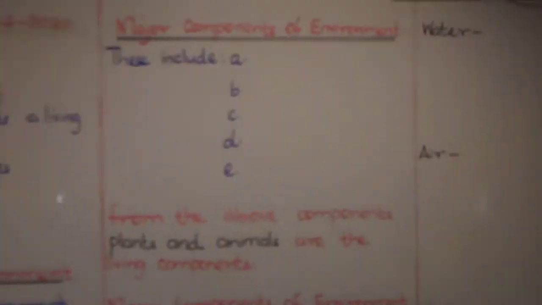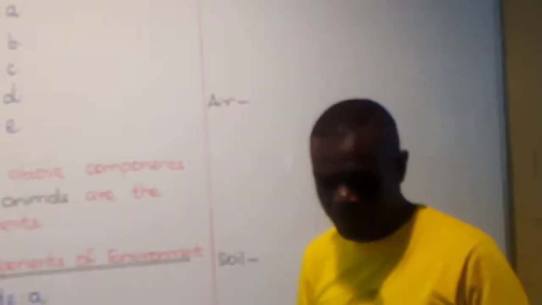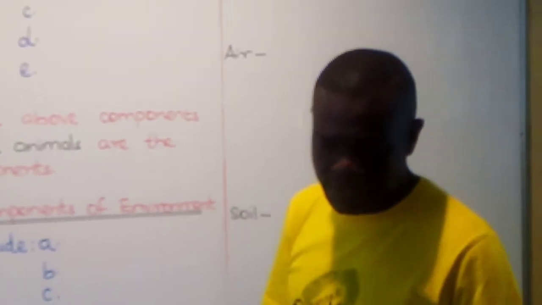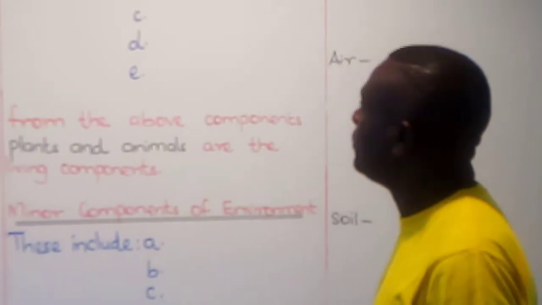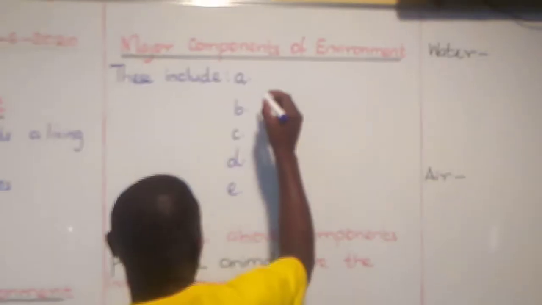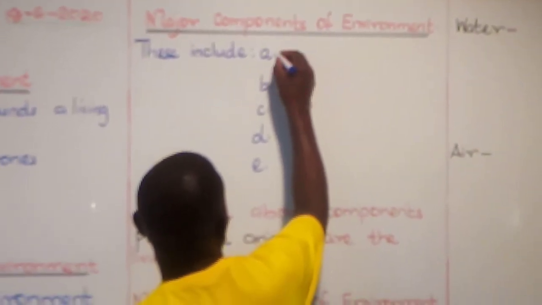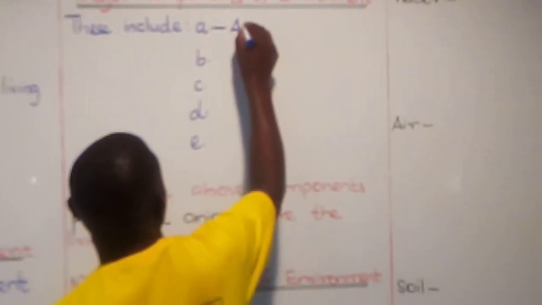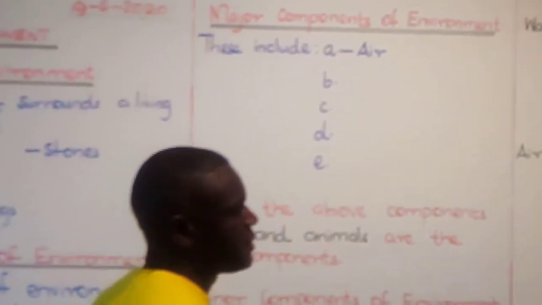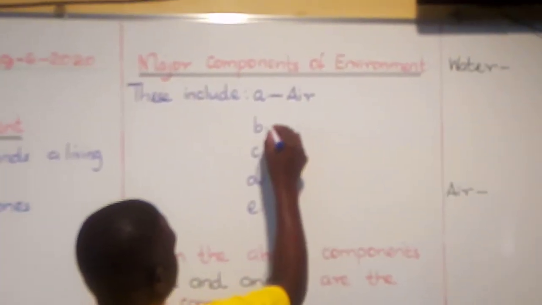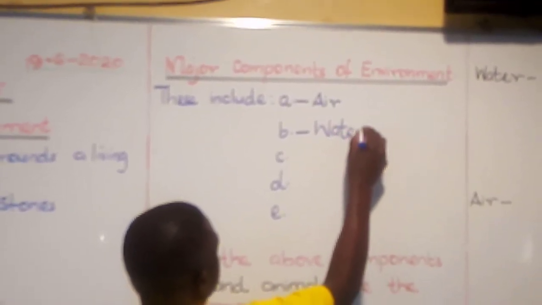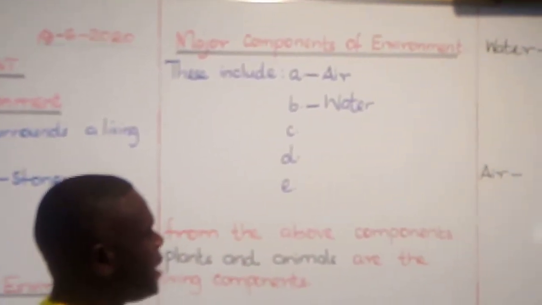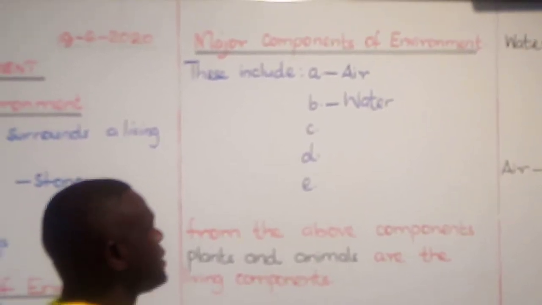Which ones are they? The major components of environment would include, do we say air? Air is a major component of environment. Yes. Water is also a major component of environment.